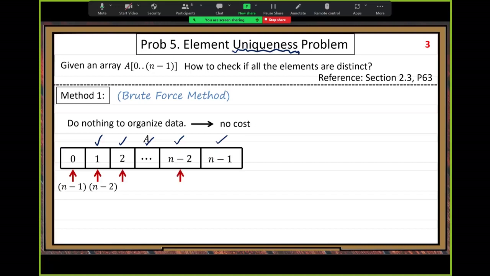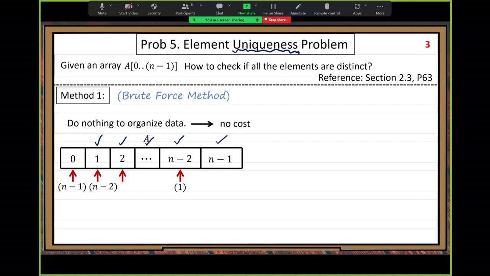So we just keep doing things like this, and for the last one, we need to do the comparison for the element with index n minus 2, with one comparison.